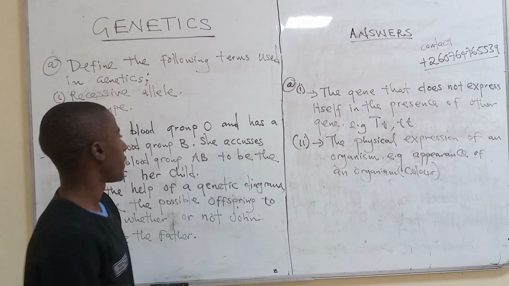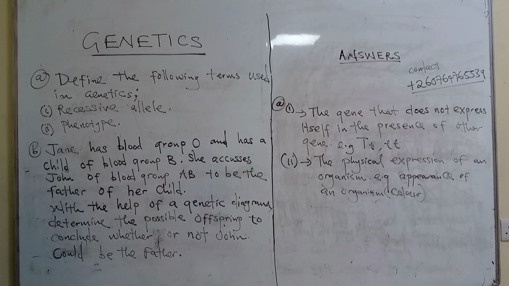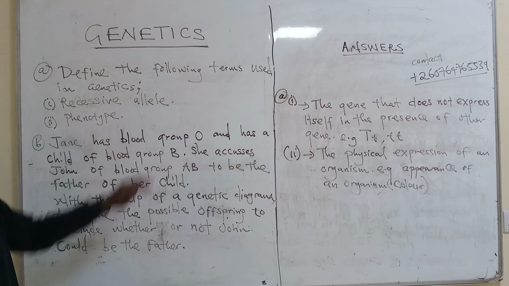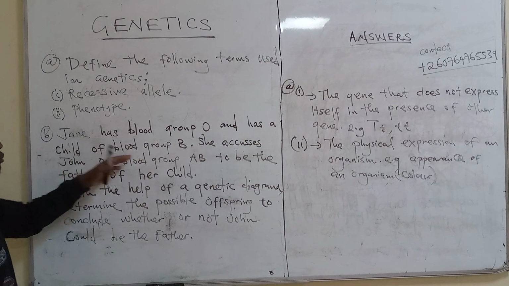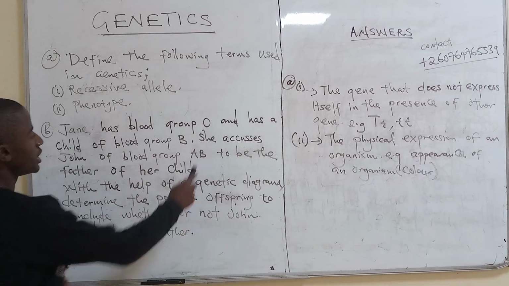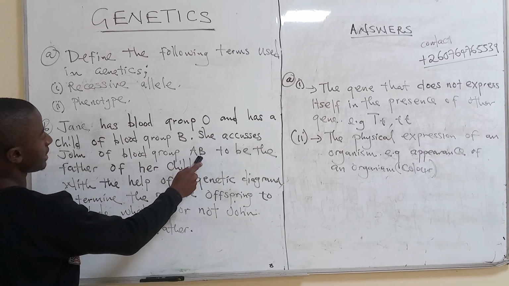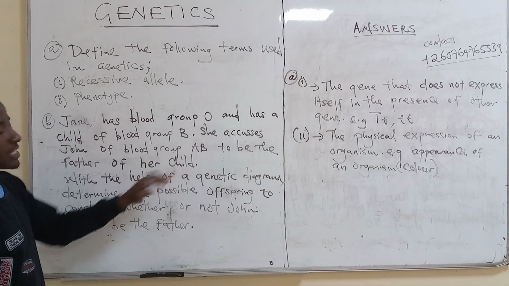And then we proceed to question B, where they are saying Jane has blood group O, and has a child of blood group B. She accuses John of blood group AB to be the father of her child.